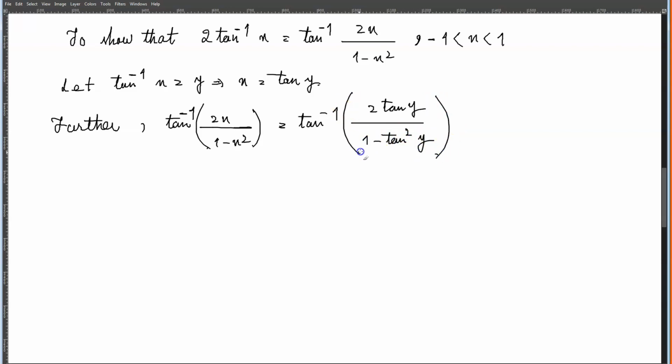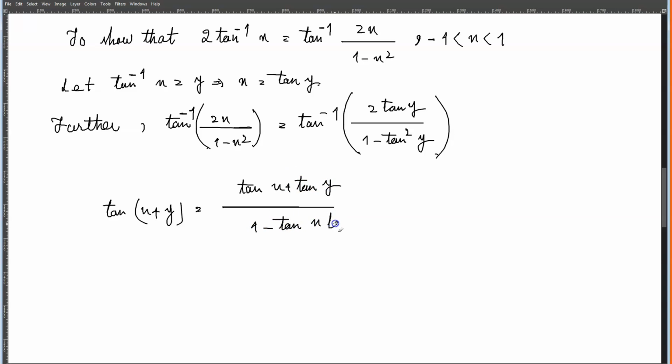And we said that basically tan of 2y, so you know that tan of (x plus y) is equal to (tan x plus tan y) over (1 minus tan x tan y), right?